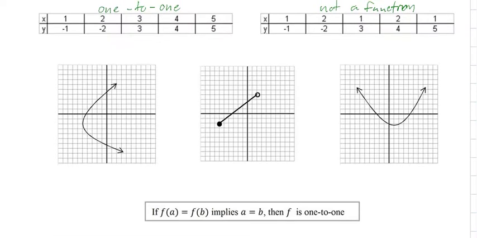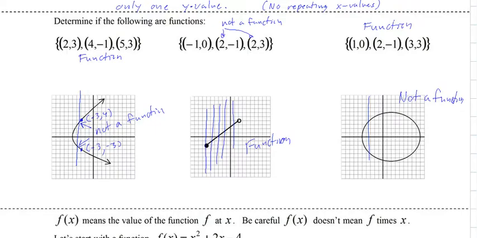Here's the other way. If you have a graph and we draw vertical lines, this tells us if there's a function. And this is not a function because we are hitting more than one point. So going back to our function video, remember, more than one point, not a function; only one point, function.